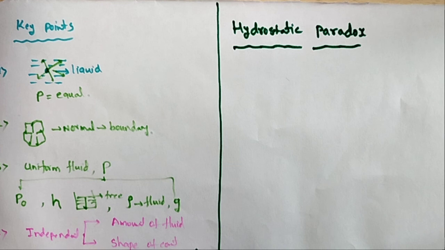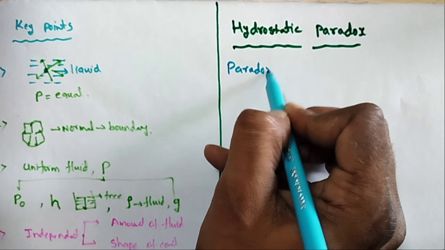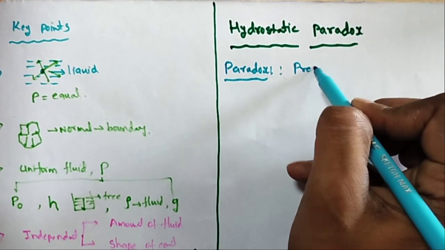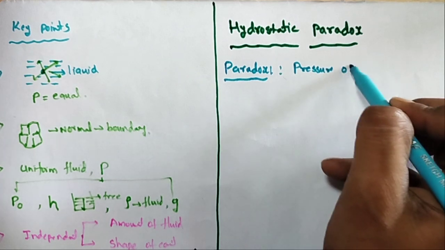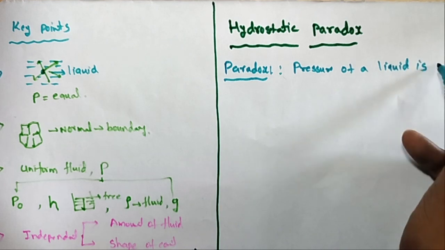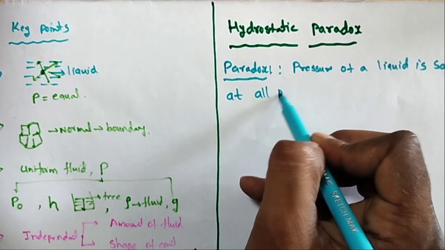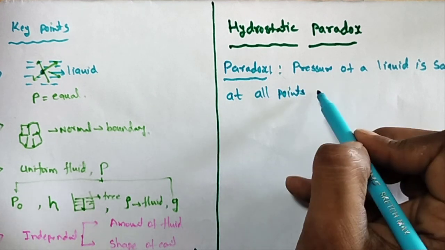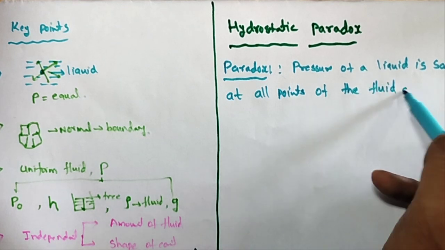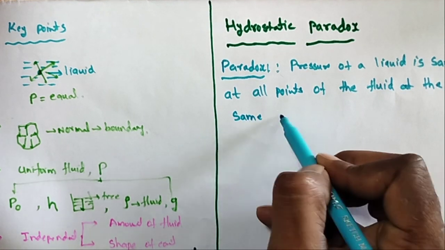So what is the paradox? What is the meaning of the paradox? The pressure of a liquid is the same at all points of the fluid at the same horizontal level.